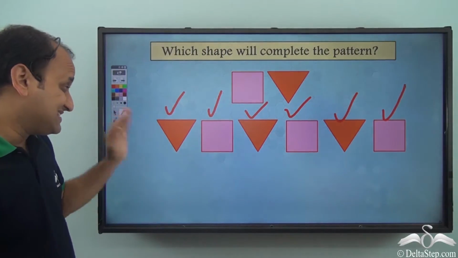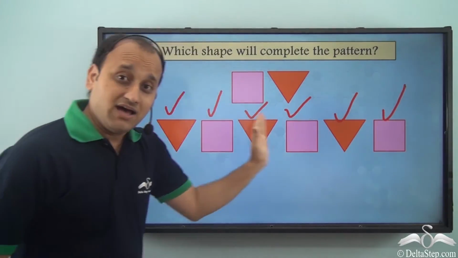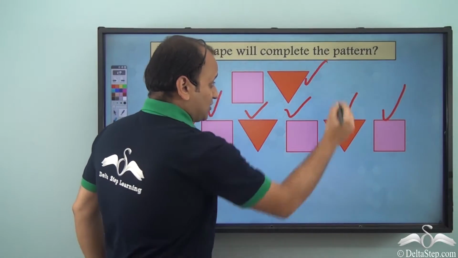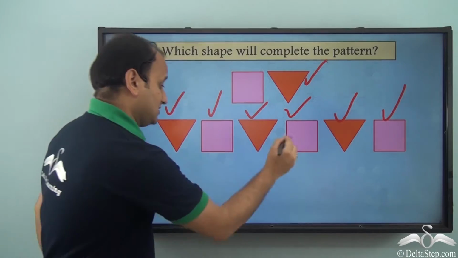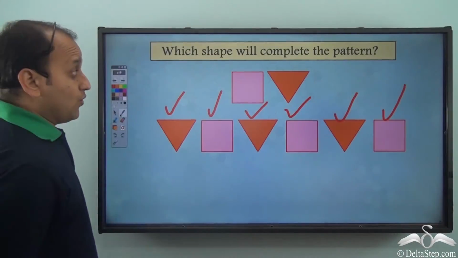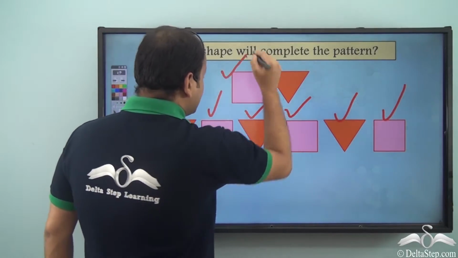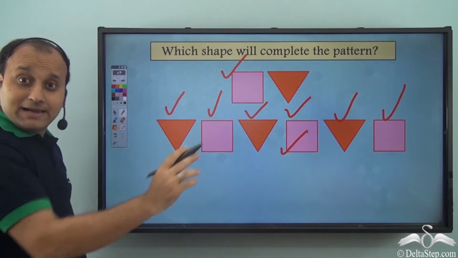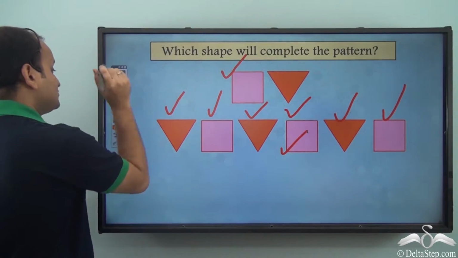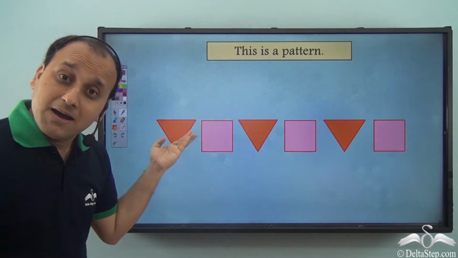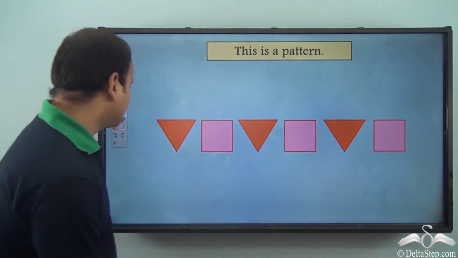So now I can say that this is in a pattern. So once I placed this particular shape here, I got a pattern.